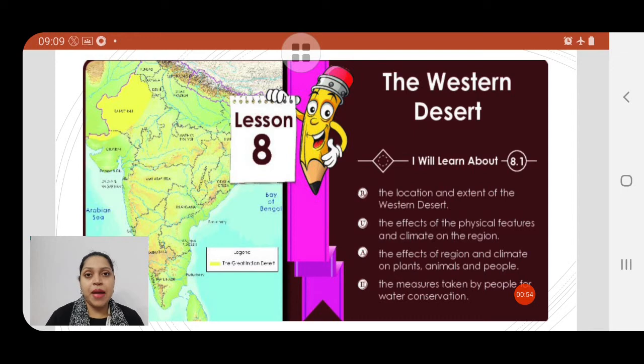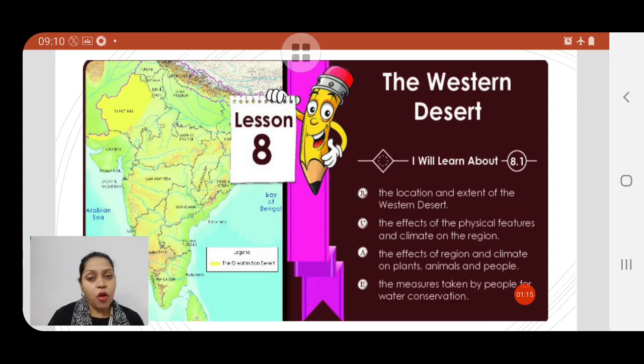The state of Rajasthan is there, and it's yellowish in color. This yellowish area is the desert of India. So let's proceed with the lesson.